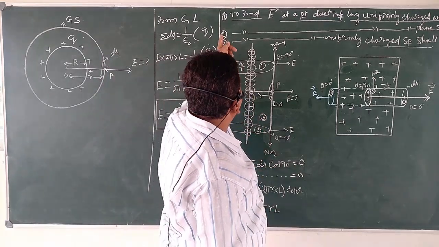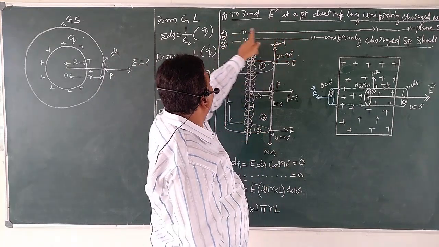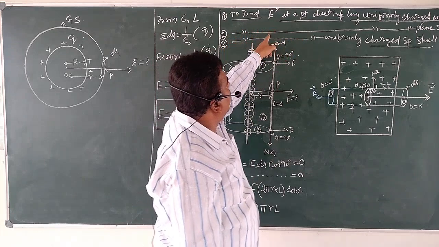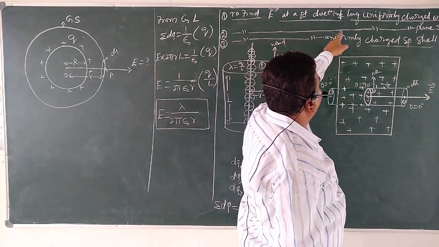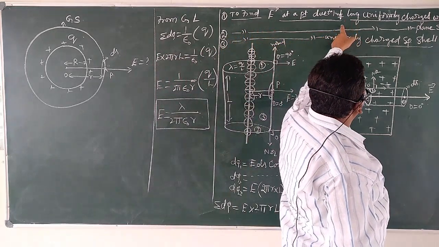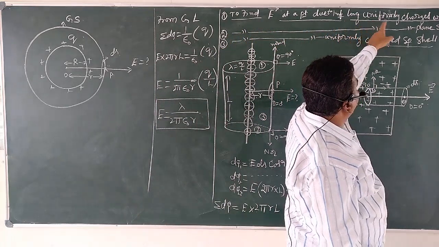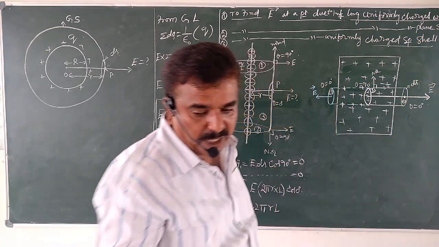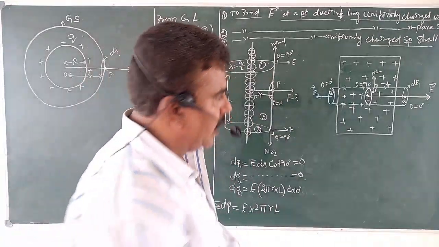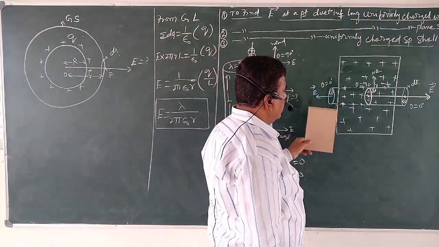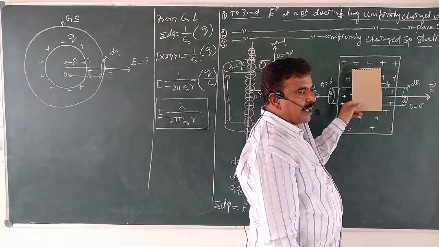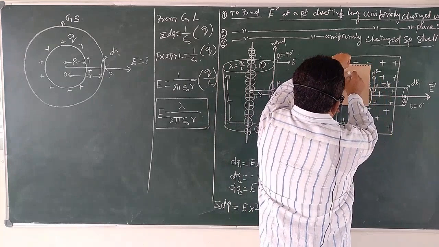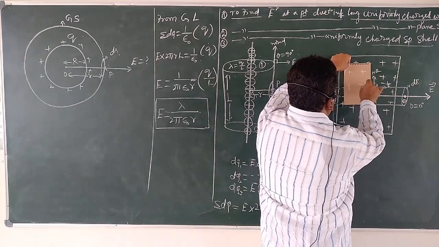Next we shall move to the second application, that is, we shall find the electric intensity at a point due to an infinitely long, uniformly charged plane sheet, using Gauss law. This is a plane sheet, uniformly charged.